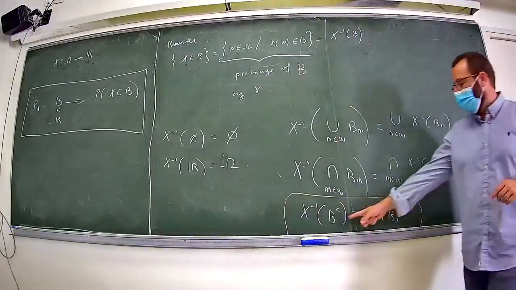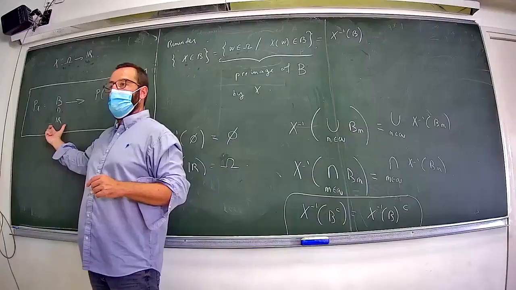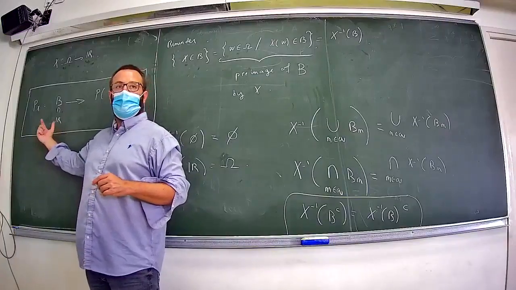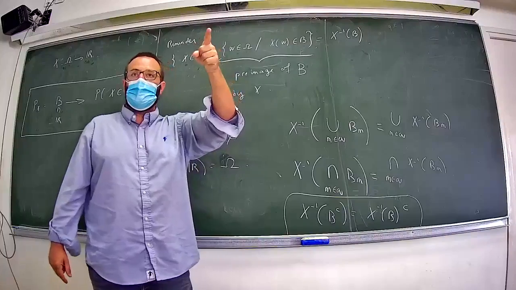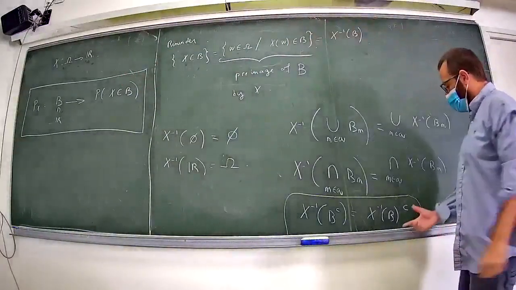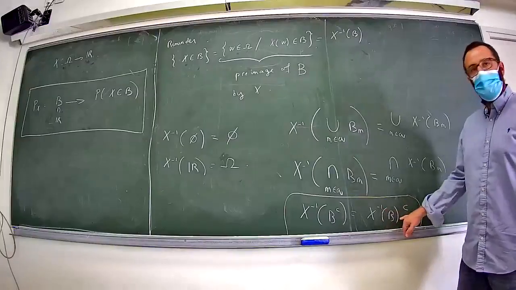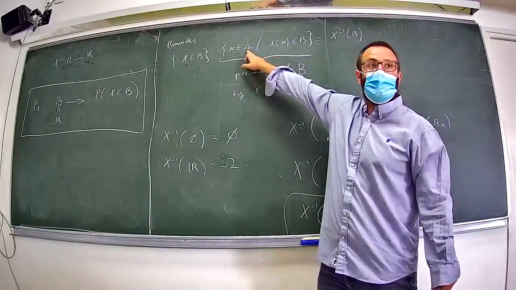Why? Because B is a subset of R. So by B complementary, I have in mind here R minus B, the elements that are in R and not in B. While here, x minus 1 of B is a subset of omega.